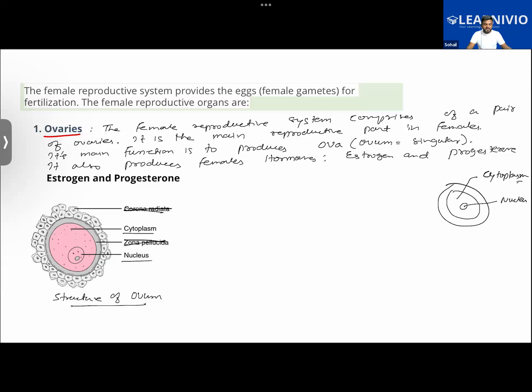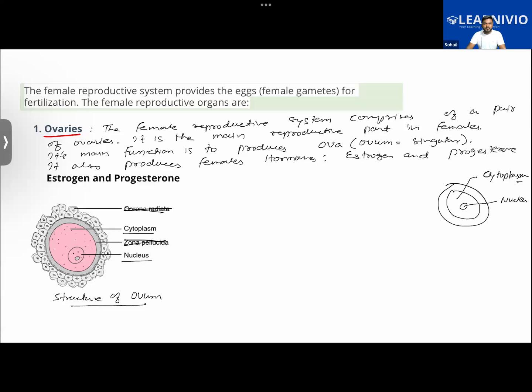Furthermore, just like we have learned about testosterone, the male hormone, which is produced by the testes, so testes produce sperm and testosterone both. Just like this, the ovary will also produce hormones like estrogen and progesterone, as well as the ovum.